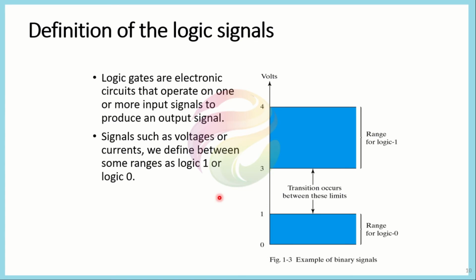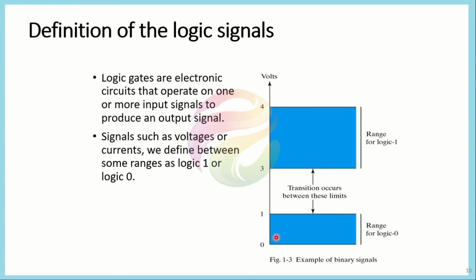So based on this, how do we determine the logic level? Generally the logic level is determined in a way that if the value of the point which we are measuring is between 0 to 1 volt, then we can categorize it as 0 volt. So we will give it the name logic 0.